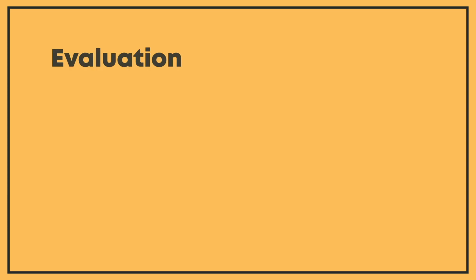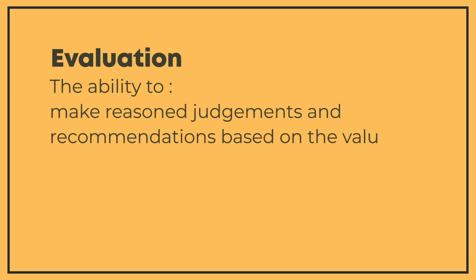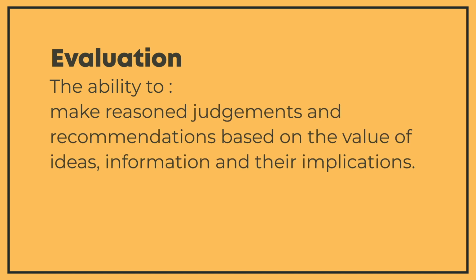And then evaluation, that's where you have your reasoned judgment and you can provide appropriate recommendations based on the value of your ideas. You can look at the implications of some of this information. How is it going to benefit society? So those are some recommendations, and these recommendations would come from sound judgments.